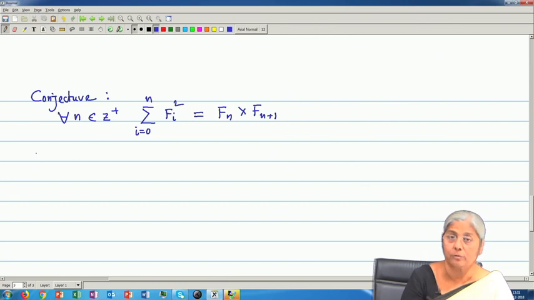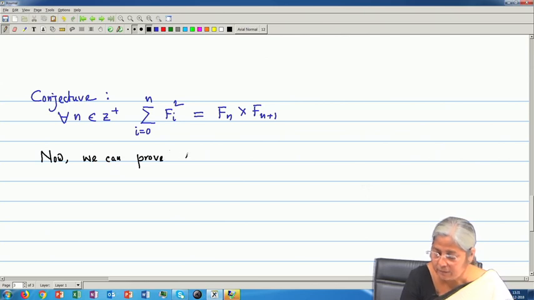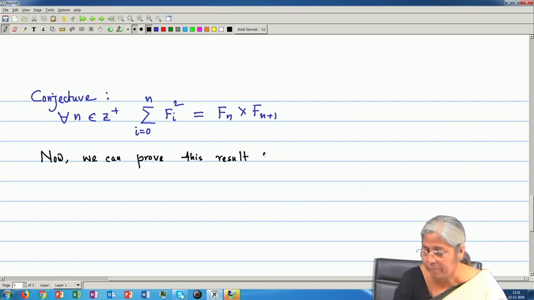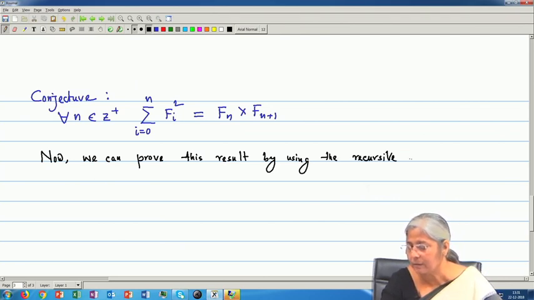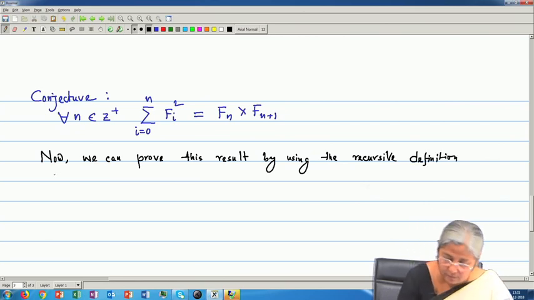Now, we can prove this result by using the recursive definition and the principle of mathematical induction.